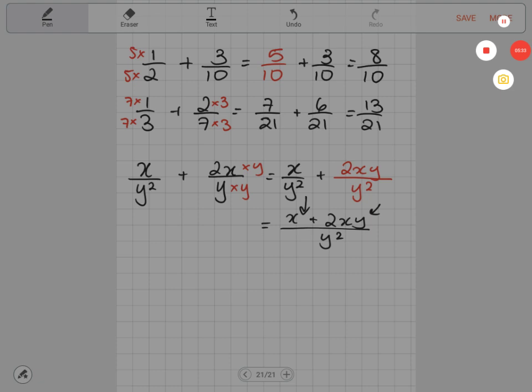And then we are going to expand our brackets. Okay, so we have 3x squared, plus 9x over x minus 2.